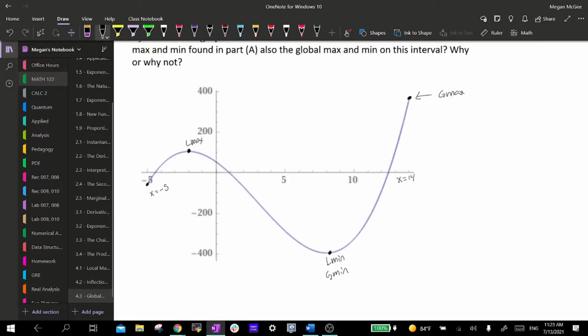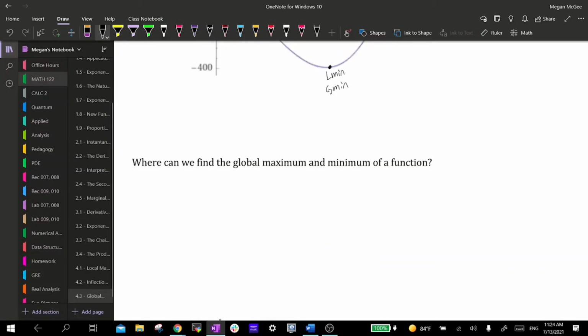All right? So just for clarity, we would like to list out all of the places that we could possibly find the global maximum and minimum of a function. All right, so first we need to check where the first derivative is equal to 0. All right. Also, where the first derivative is undefined. These are our critical points, right?